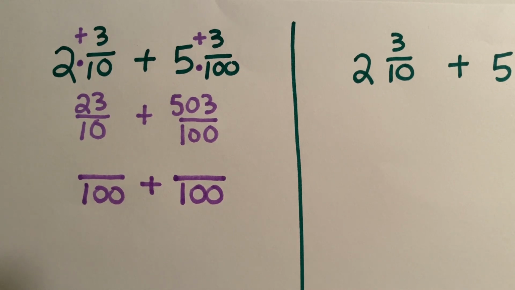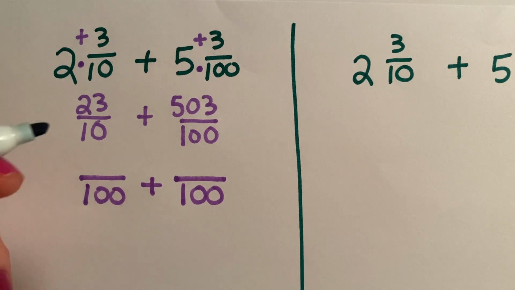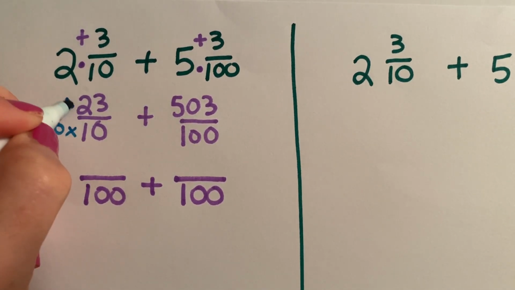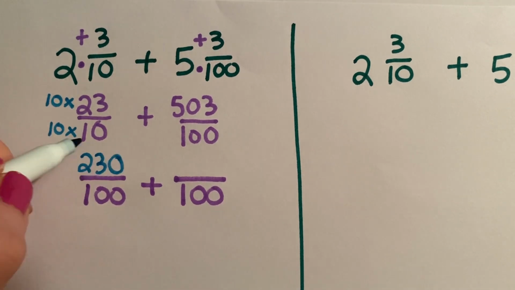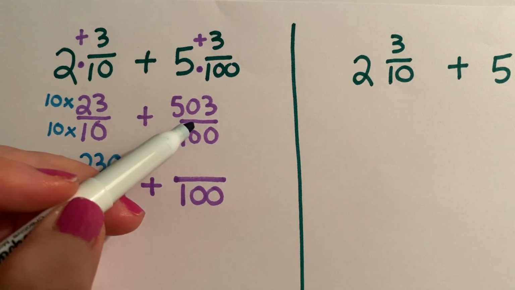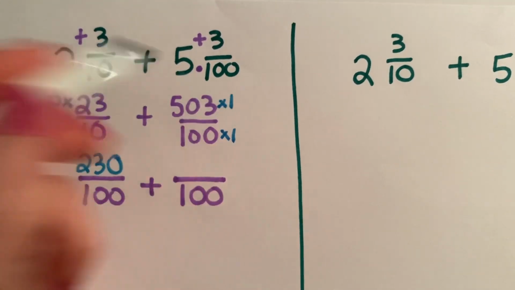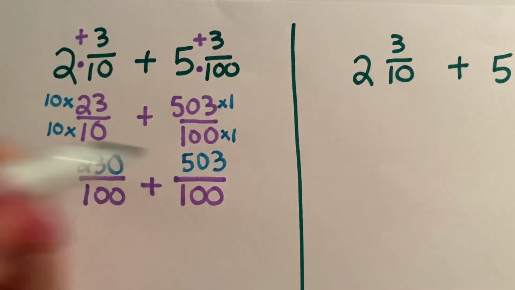Let's grow a 10 to 100. We do that by multiplying by 10 on the top and bottom. So our new numerator, 23 times 10, is 230. And 10 times 10 is 100. This one already has 100, so we're just multiplying by 1, and 503 times 1 is just 503.